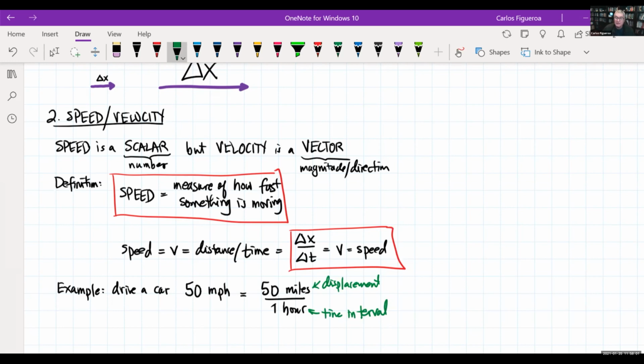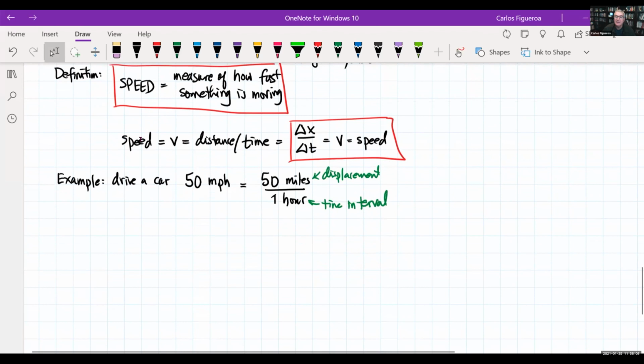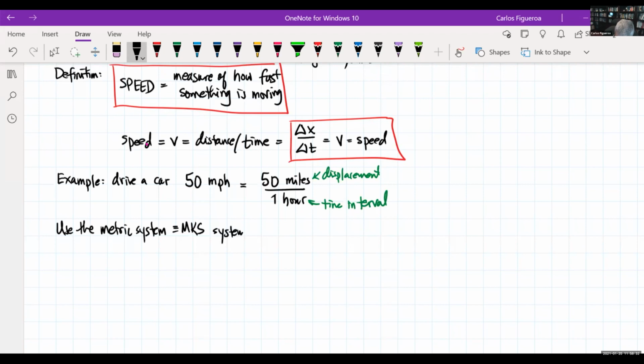But it turns out that the worst possible units for doing science are the miles per hour units as far as speed is concerned. So what we do is use the metric system, which is defined as the MKS system of units.